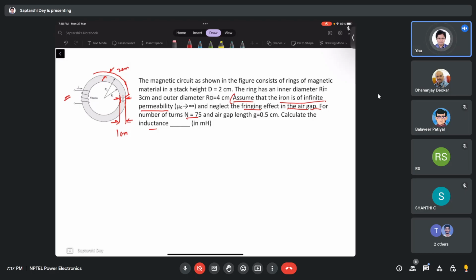Now we have been asked to find out the inductance. So that is the path of magnetic flux in the air gap. Yes, it means the flux is flowing like this. In the air gap, generally what happens is the flux looks like this.